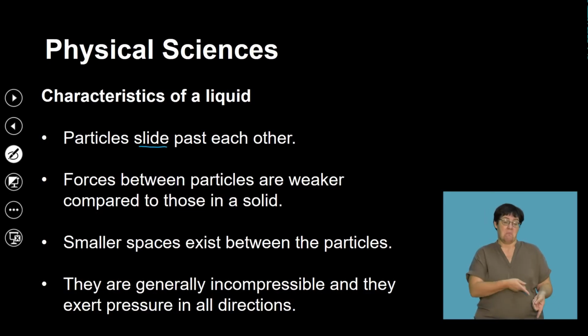And also, the forces between the particles are weaker, so that's the comparative term, compared to those in a solid. Spaces exist between these particles. There are some spaces, but these spaces are actually smaller. Pay careful attention to that, okay? They are generally incompressible and they exert pressure in all directions.